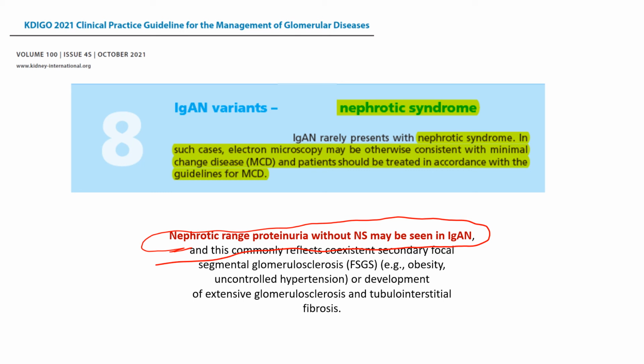The patient has IgA nephropathy, then the case progressed and is considered chronic glomerulonephritis, and FSGS developed. You will find proteinuria without nephrotic syndrome, and this is considered secondary FSGS. So you will not find full nephrotic syndrome, only nephrotic range proteinuria.